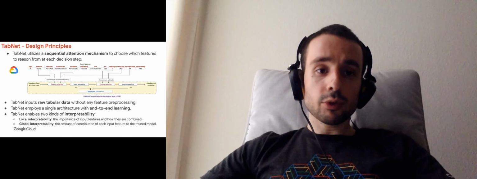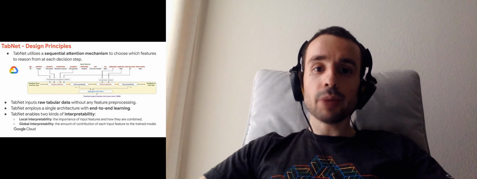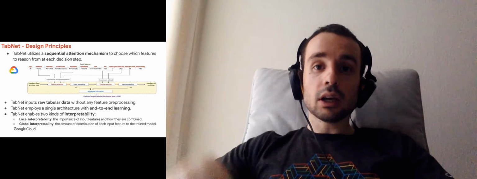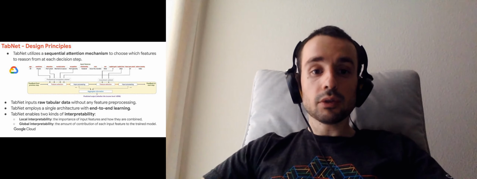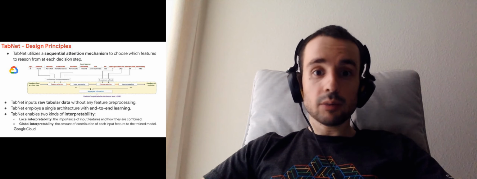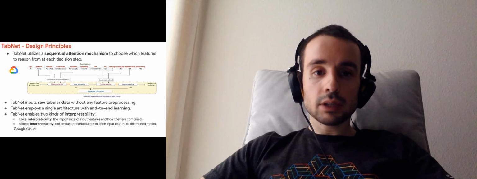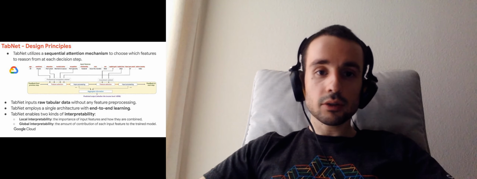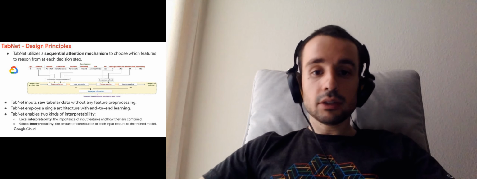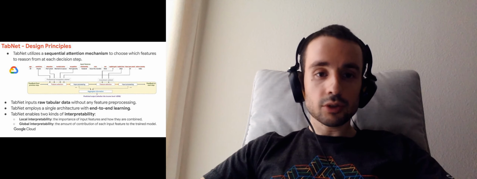So TabNet overall utilizes a sequential attention mechanism to choose which features are selected and then processes these features towards an overall aggregation. Here, we have a simple example of adult income classification. This tabular dataset consists of various categorical and numerical features, and the task is to predict whether the income level is above a threshold or not.